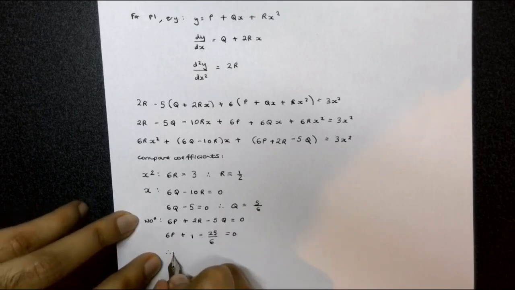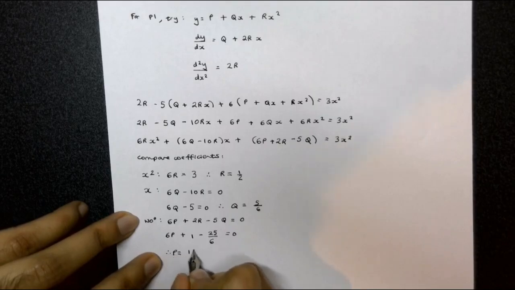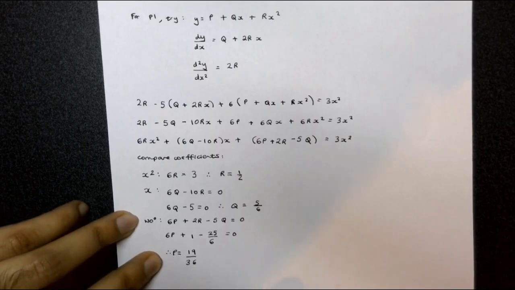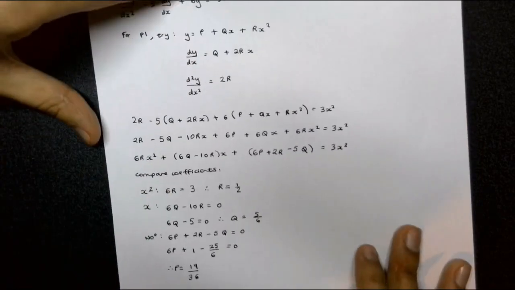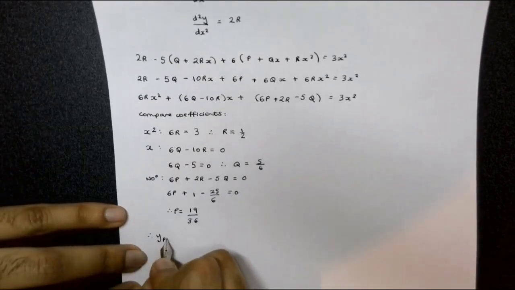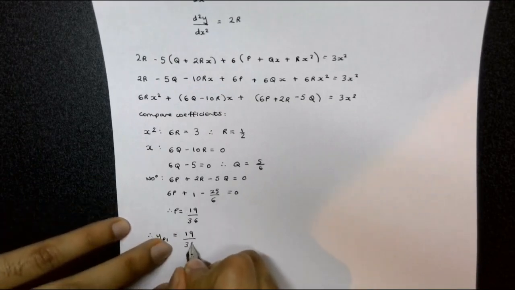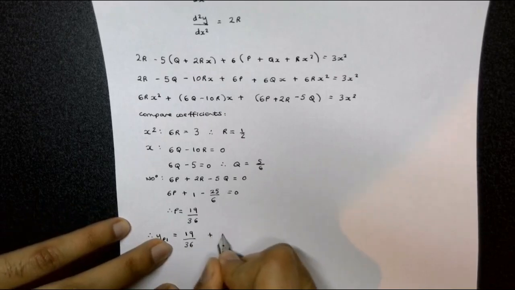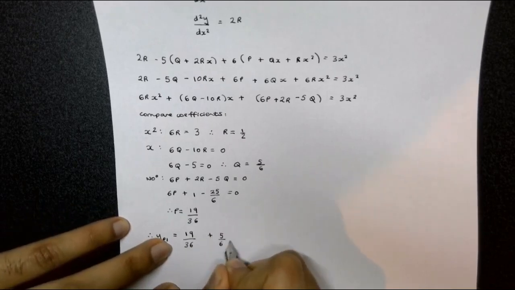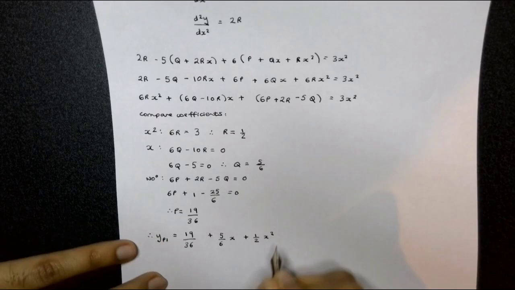So therefore we have over here p, which is equal to 19/36. So knowing the values of p, q and r, we can therefore conclude for our particular integral we have y, which is equal to p, which is 19/36 plus q times by x, so we add on 5/6 times by x, plus r, so we add on 1/2 times by x squared.